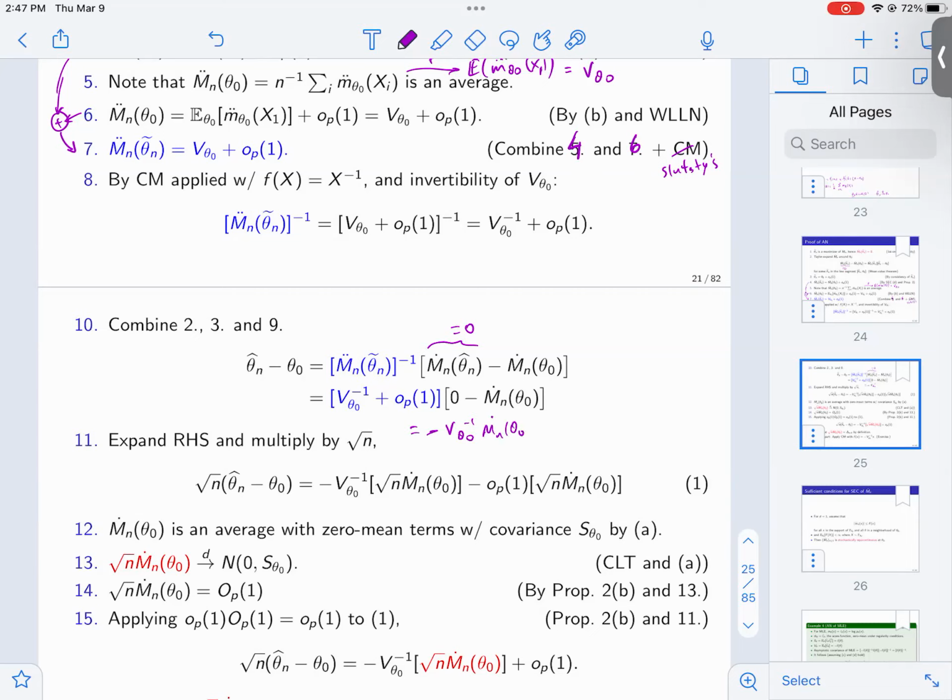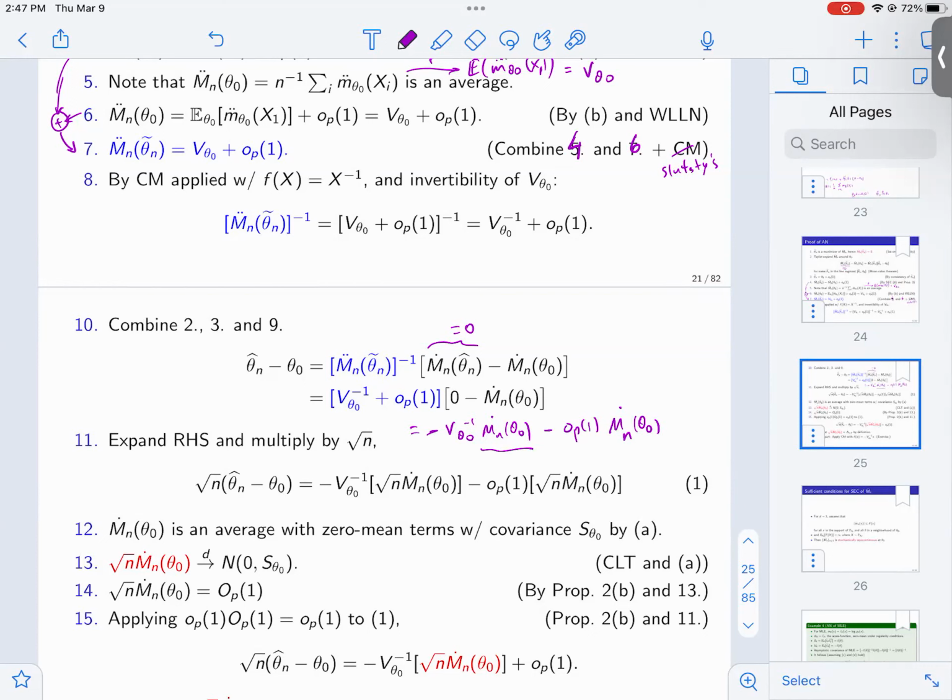M dot n theta plus OP of 1, M n dot. This doesn't change much here. Negative if you want. Doesn't matter, so the negative can be absorbed. But then I multiply both sides by root n. So I put the root n here and here.